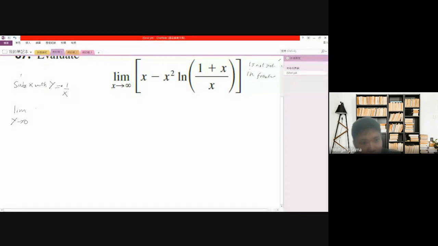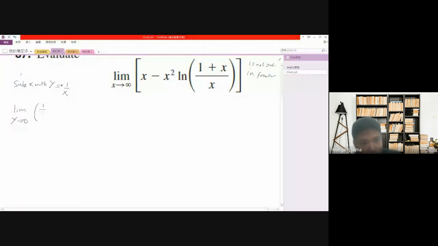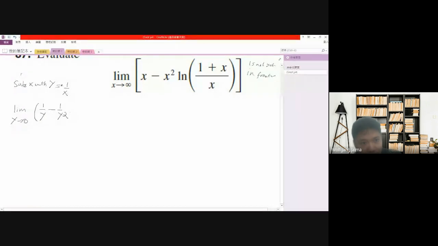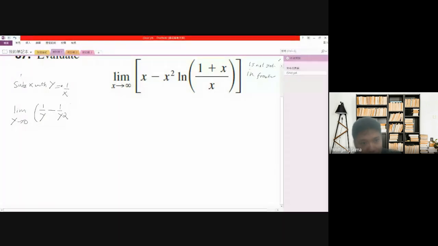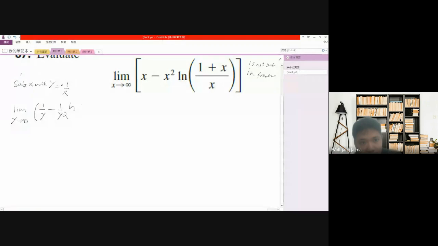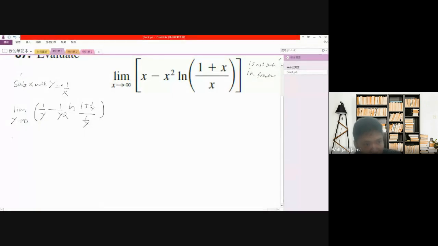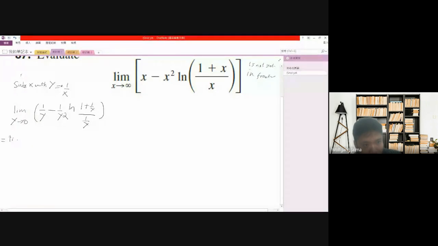of 1 over y minus 1 over y square ln(1 plus 1 over y) over 1 over y. And from this, quite easy, right? y to 0.